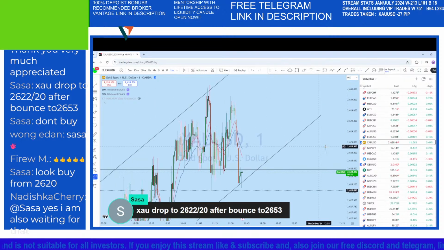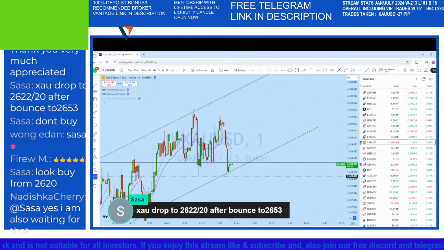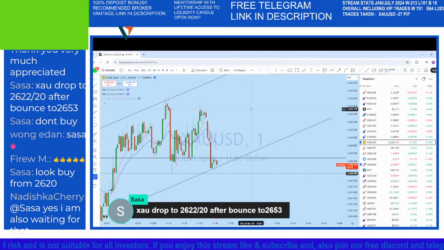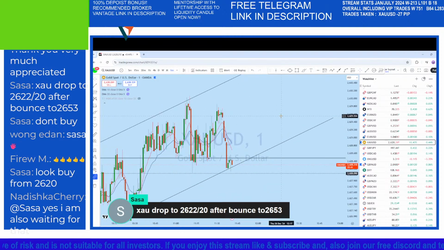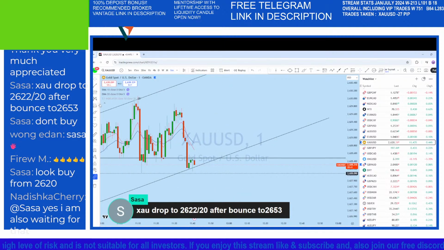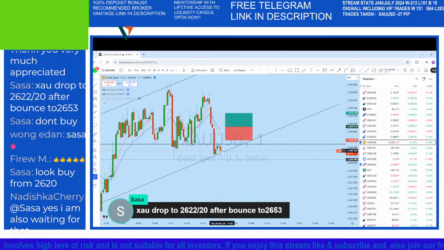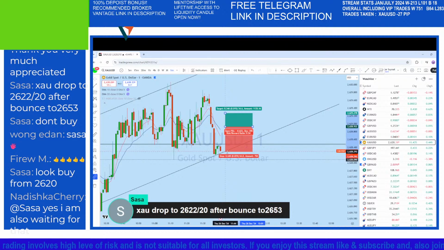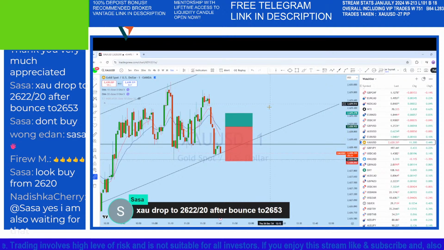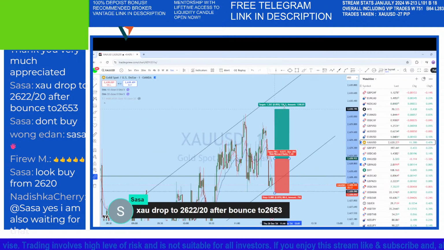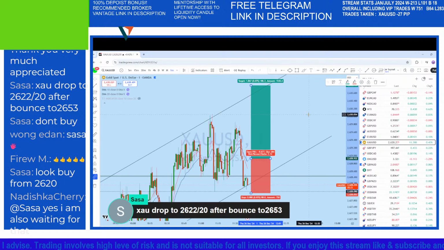So here, I have deleted the previous entry point. What we're going to do here is, we might see some short-term downside. We'll be readjusting our buy stop in this liquidity zone here. If the market is trending in that direction, we will not be entering. But if it manages to break to the upside, then we will be re-entering. That will give us a bigger risk reward.